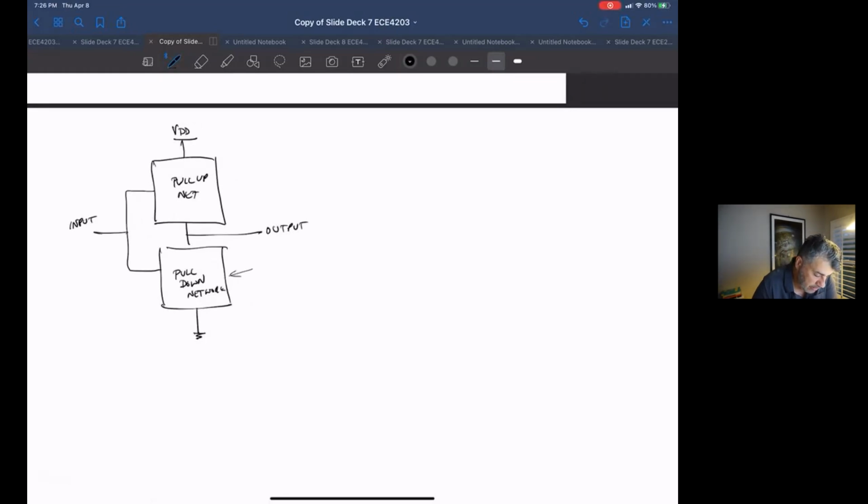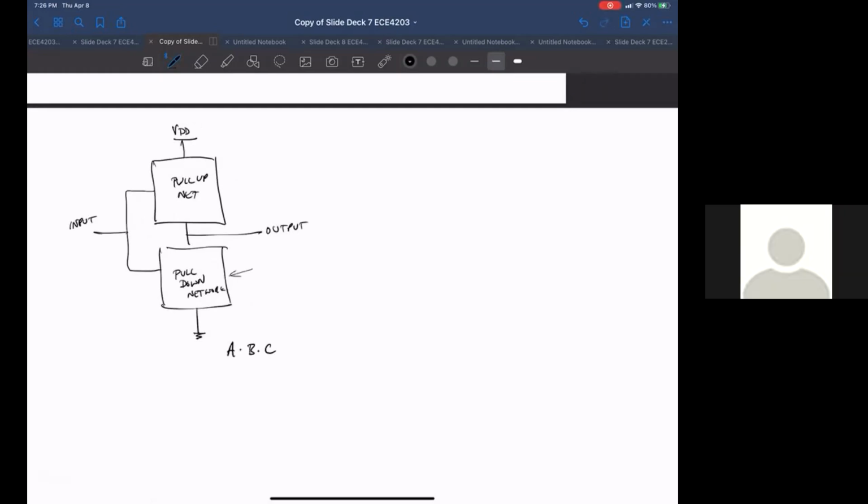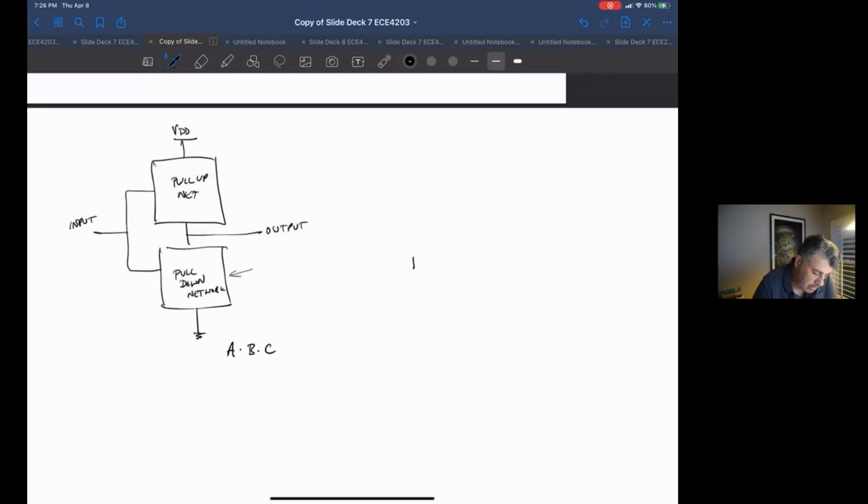So if we have a 3-input NAND gate, with A and B and C, we would end up having 3 transistors in an AND configuration. Why is this in an AND configuration?